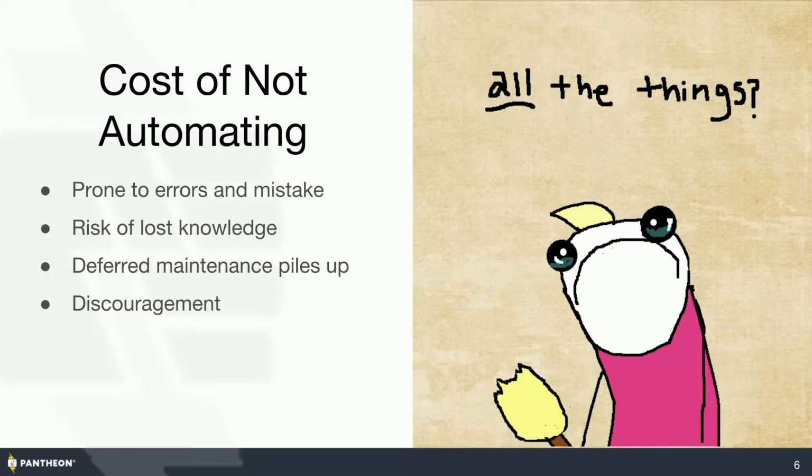If you don't do something very often, maybe you don't automate it because you think, I hardly ever do that. But then 6 months go by and you say, wait, I forgot how to do it, and now it takes you longer to do it. And the more you do this, the more your deferred maintenance can pile up, and this can lead to discouragement, and it can lead to some really undesirable effects inside of your organization.